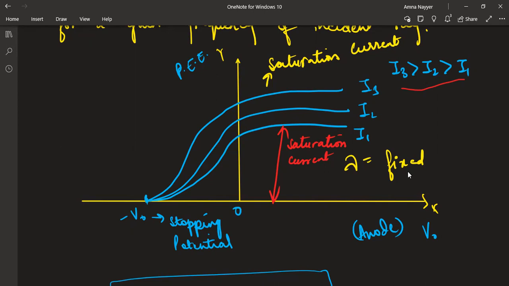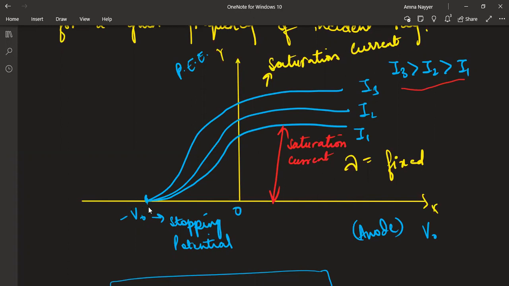If you keep the frequency fixed, then the stopping potential for a particular apparatus will be the same, let's say minus V naught. This is negative, so we had to plot it on the negative x-axis, because we cannot plot it on the positive x-axis, which is the anode side, and the y-axis has your current.